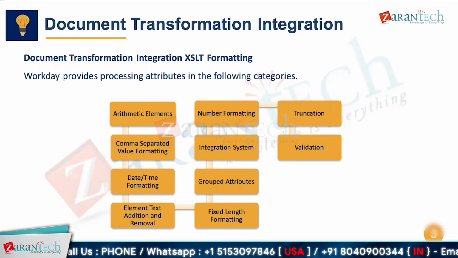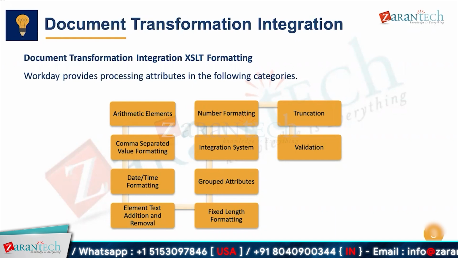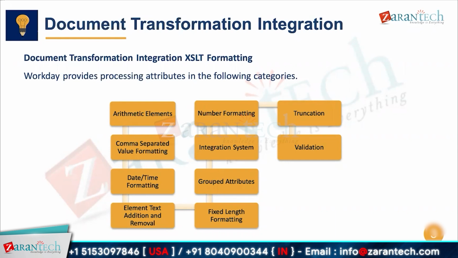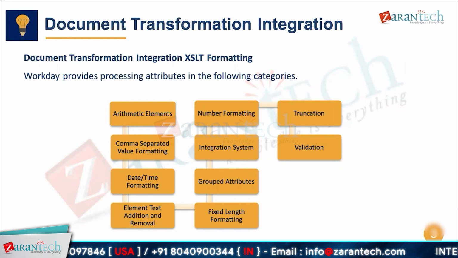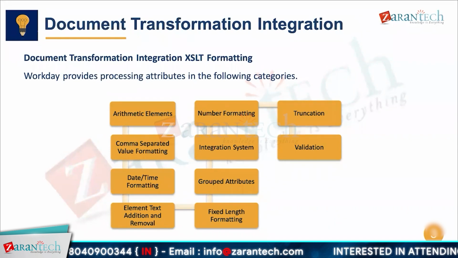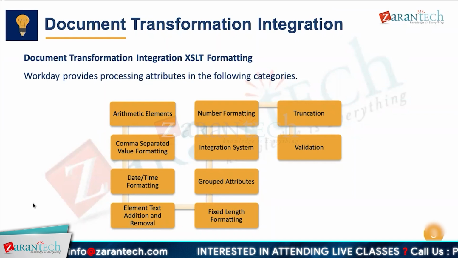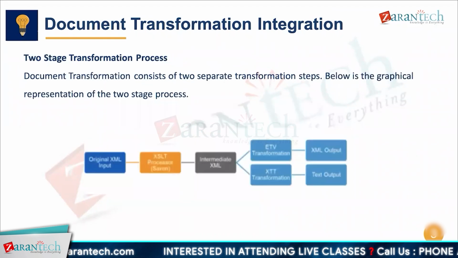We are doing the mapping, we may group attributes, and we can define the length of the formatting, so that the length of a specific field should not exceed a certain number. We can add a validation criteria. So depending on different options or requirements, we have these different transformation options.